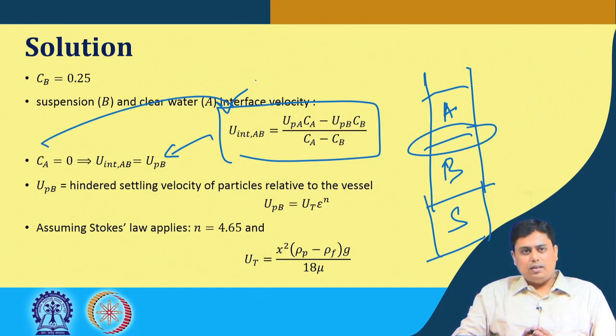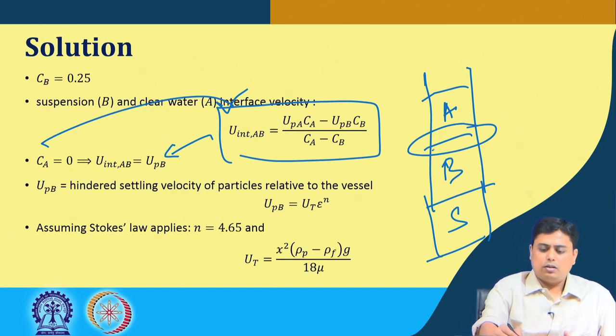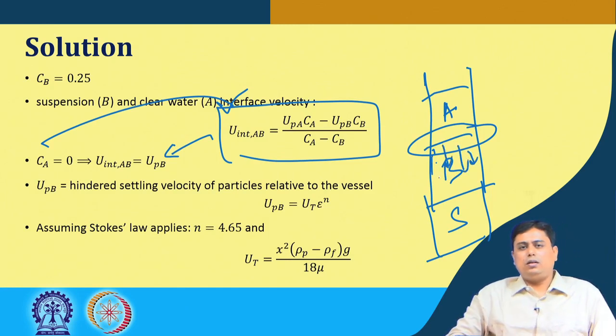This UPB is nothing but the hindered settling velocity of particles relative to the vessel wall, because there are multiple particles in zone B. So, it is the hindered settling velocity.